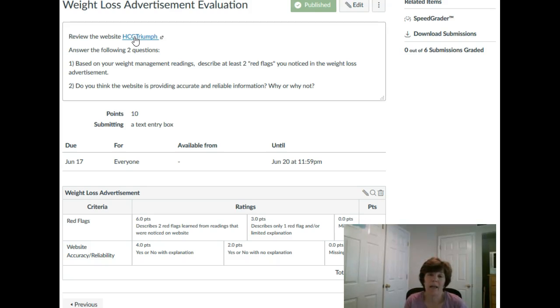Essentially look at whether there's some red flags about the product that they're selling, and you'll read that information in your weight management readings. And then also apply the CARBS evaluation to the website. So you'll see that we support health information, accuracy, and reliability throughout the course.